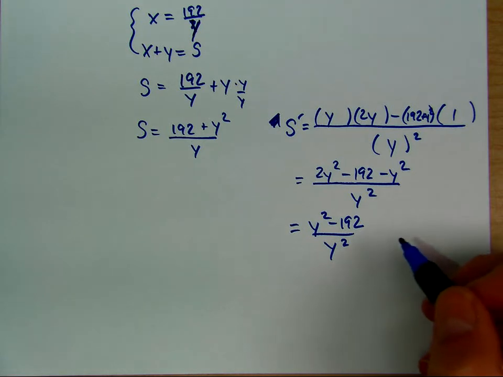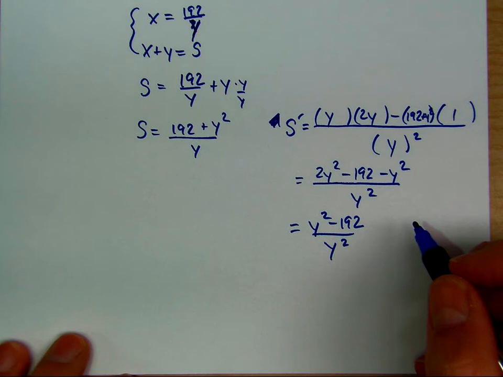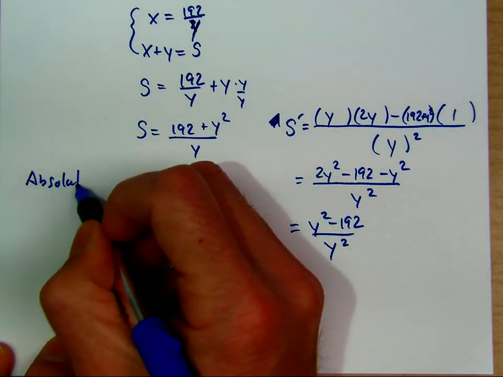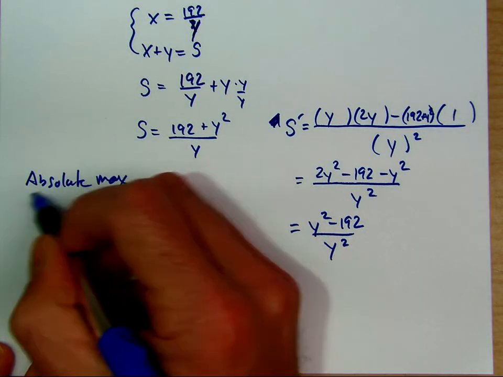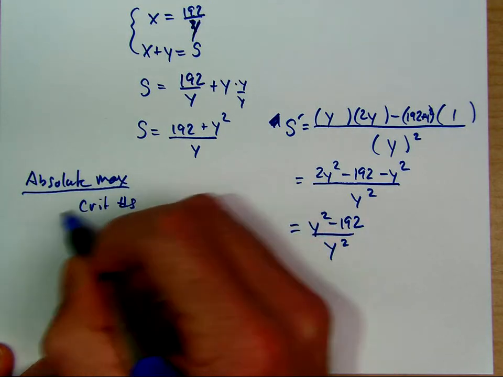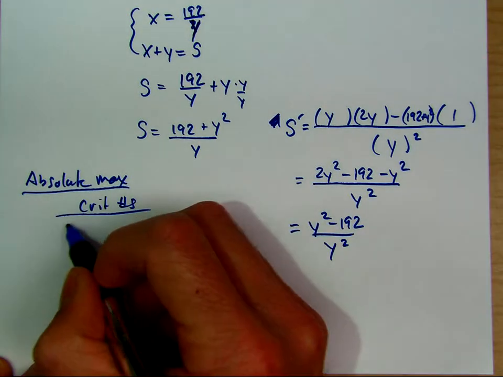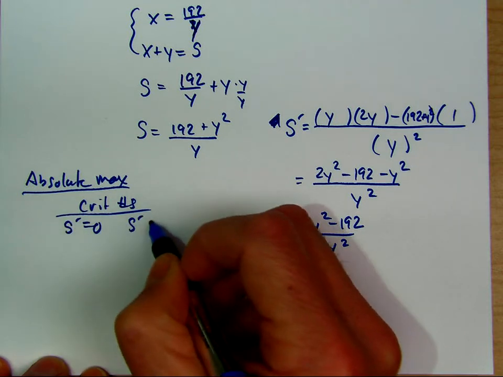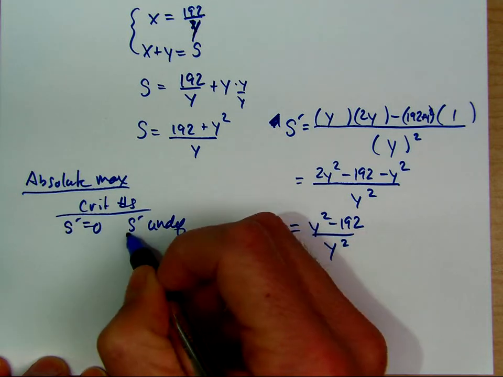All right, so we have the derivative, and now let's do the absolute maximum, and we need the critical numbers. That's when s prime is 0 or s prime is undefined.